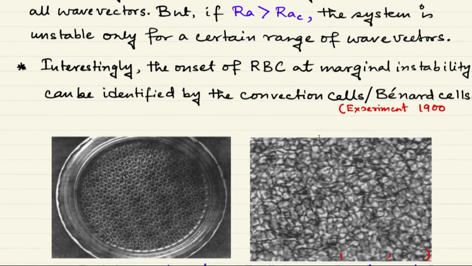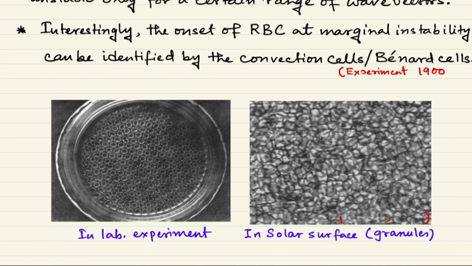This type of structure can be seen in lab experiments. Actually, even in a tea vessel you can see that. You can find very beautiful pictures on the internet, but here I am just showing you the appearance of these almost hexagonal structured Bénard cells in a lab experiment of Rayleigh convection.